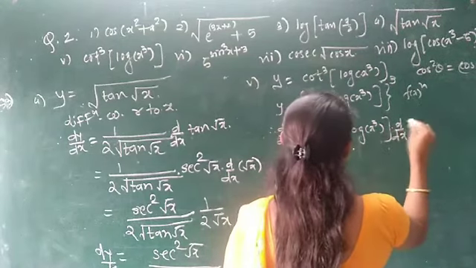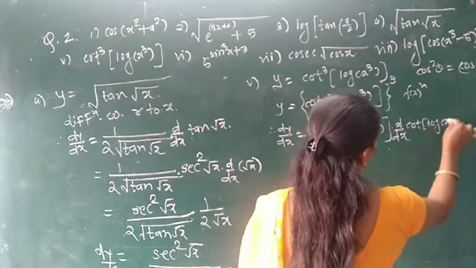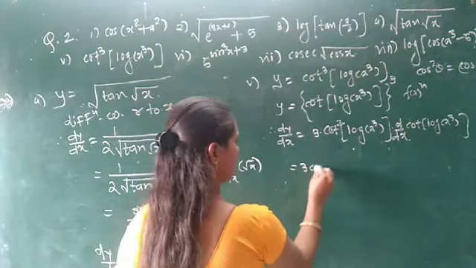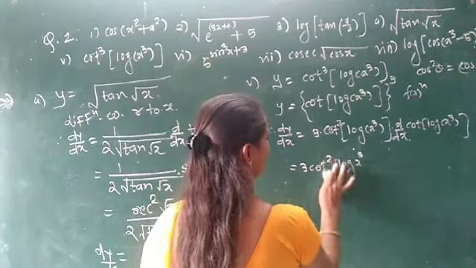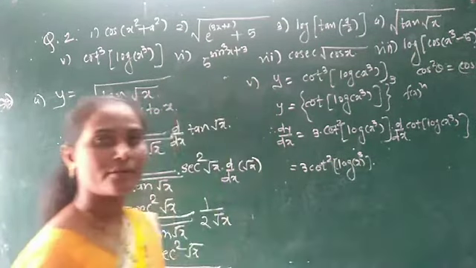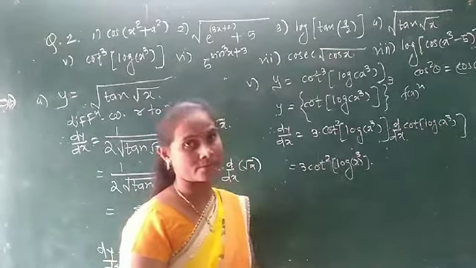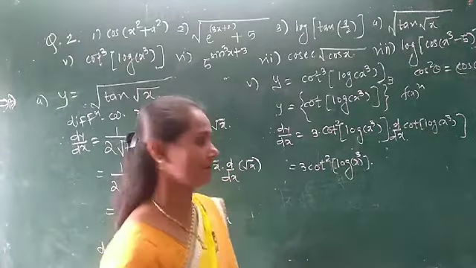What is the function? Cot of log of x cube. Now this term as it is, cot square of log x cube into, now the derivative of cot of this function. So what is the derivative of cot of f of x? That is minus cosec into cot.